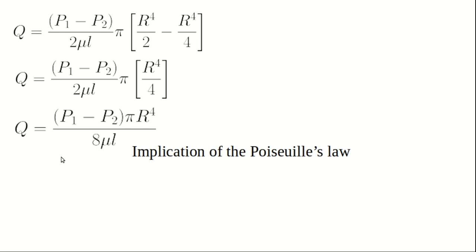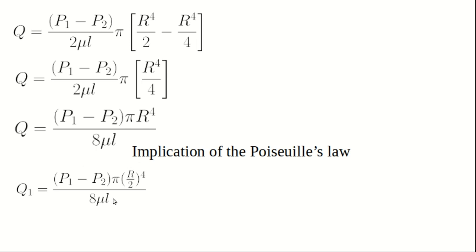So if you consider this formula, right, you can tell that if the radius of the pipe is reduced by half, let's see how it affects the discharge rate. So in that case, our R all over 2 all raised to the power 4, right, equal to a new discharge rate, which is Q1.